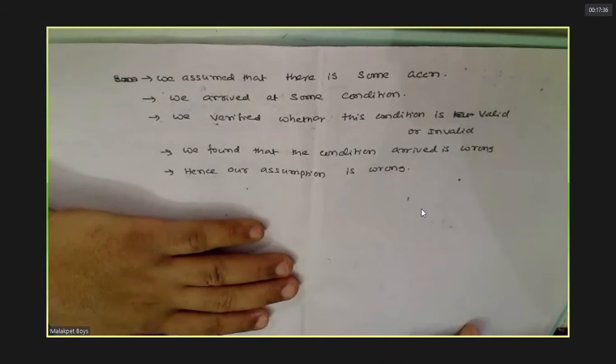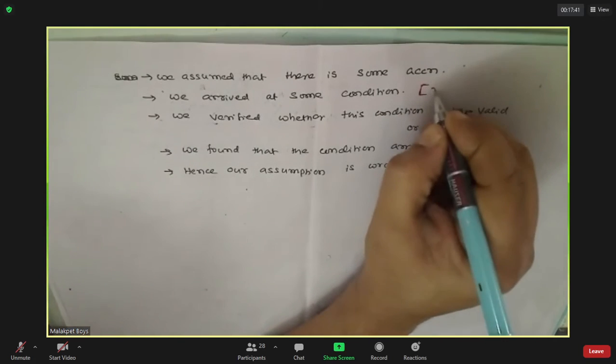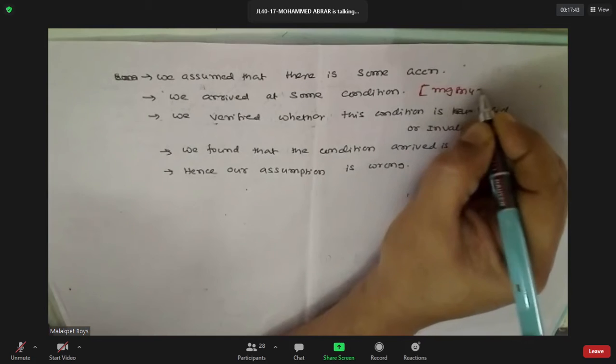Clear? What is the condition we got here? Only mg sin 45 is greater than F1 plus F2.